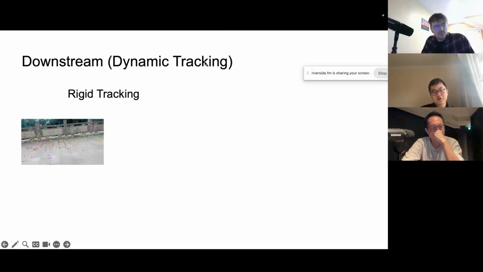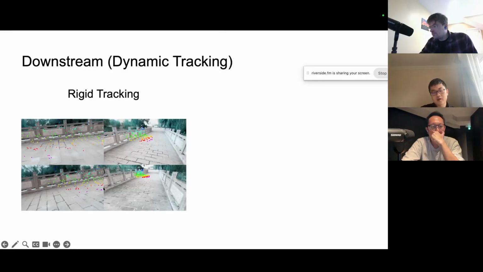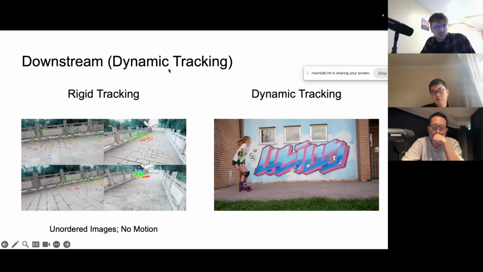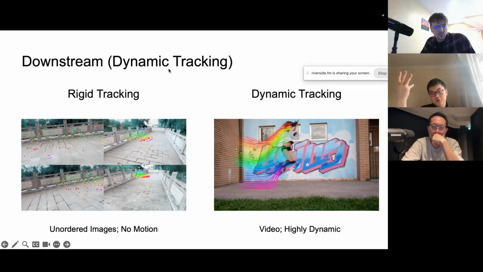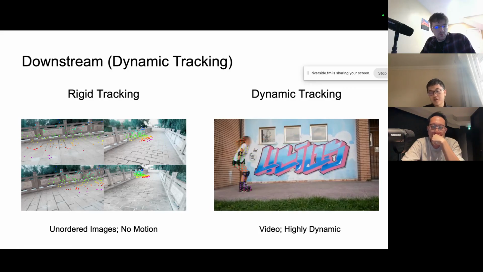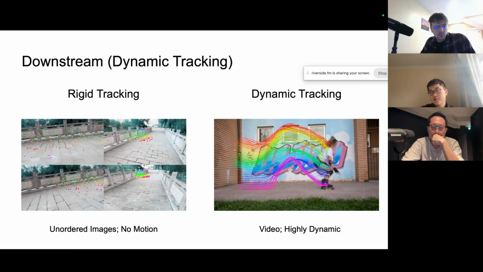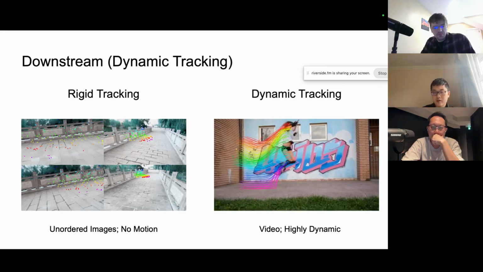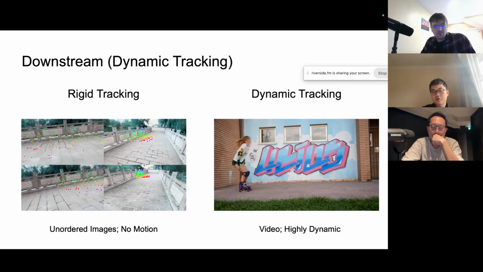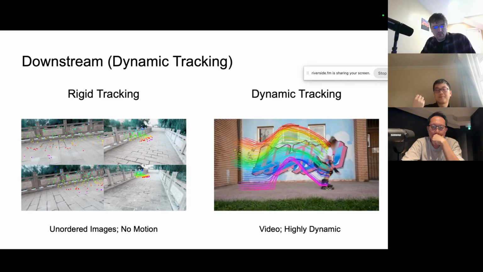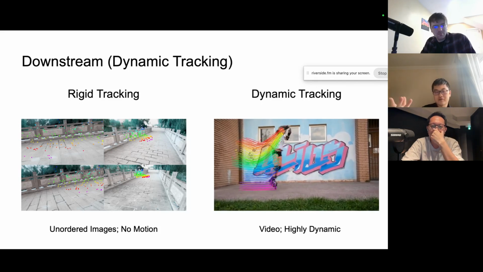For the training of our model, we mostly care about rigid tracking, which assumes the input sequence is rigid, and we capture the unordered images and their 2D correspondences like this. The same color indicates the same position. We were also hoping to try dynamic tracking, which means the input is a video and motion inside the video is quite dynamic, non-rigid, and we still hope to track the 2D correspondences across different time frames.